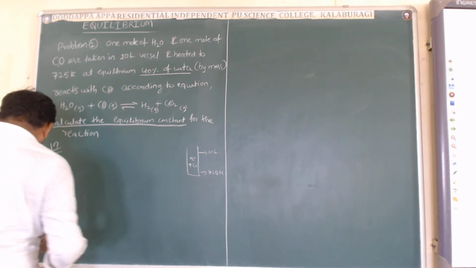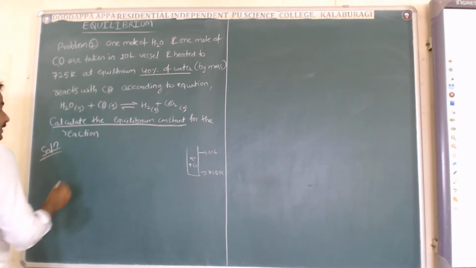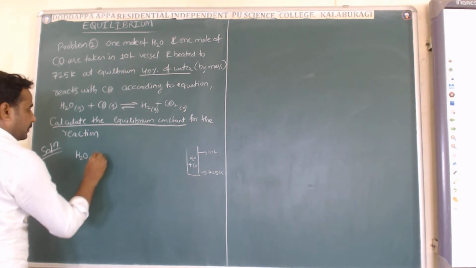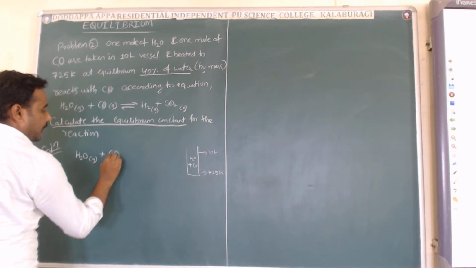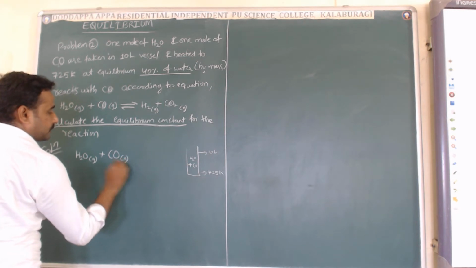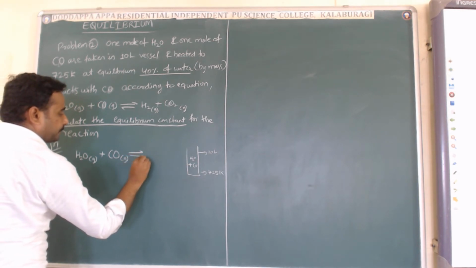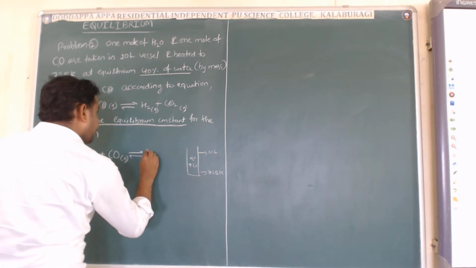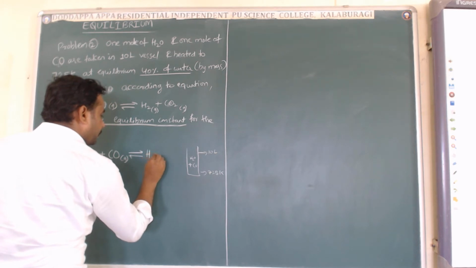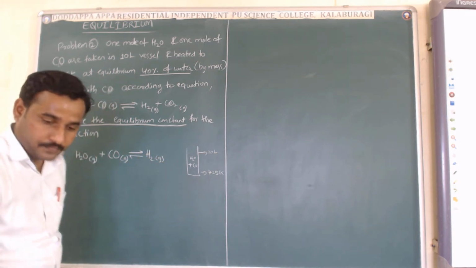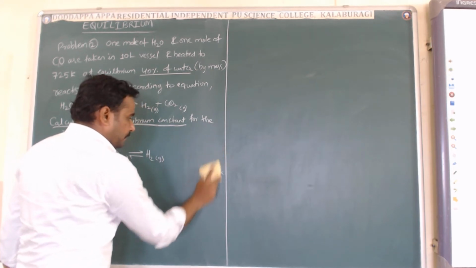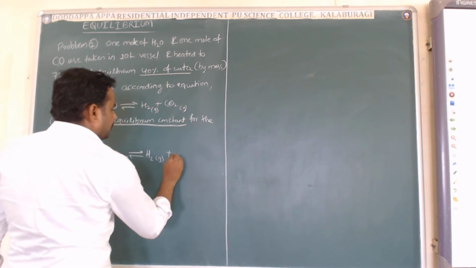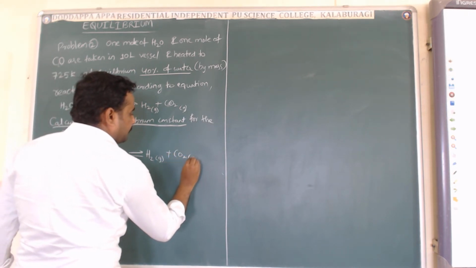Now for the solution, first we have to write out the reaction. H2O in gaseous form reacts with carbon monoxide, also in gaseous form, and gives, in this reversible reaction, H2 in gaseous form plus CO2, also in gaseous form.